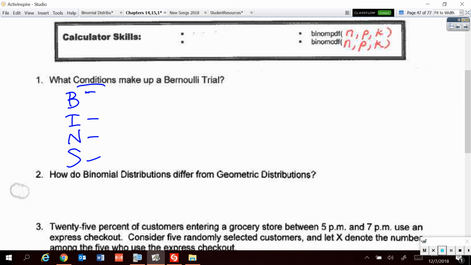It has to do with the binomial component. It's binary, which really implies what? 2. Yep, 2 choices. You either have a success or a failure.